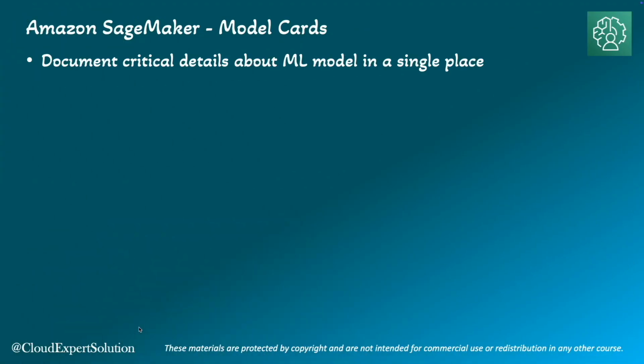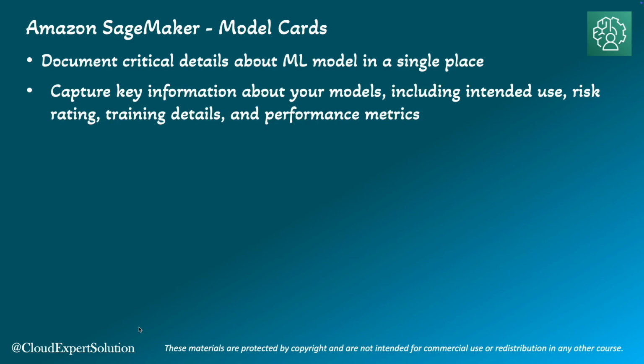Next, we have SageMaker Model Cards. SageMaker Model Cards allow you to document critical details about your machine learning models in a single place for streamlined governance and reporting. It captures key information about your models, including intended use, risk rating, training details, and performance metrics.